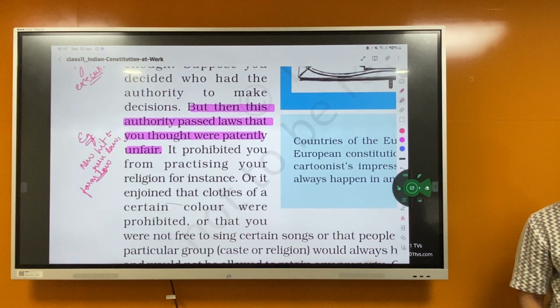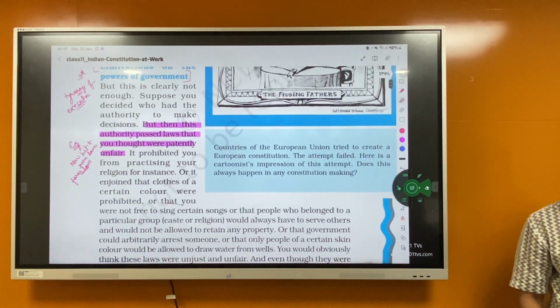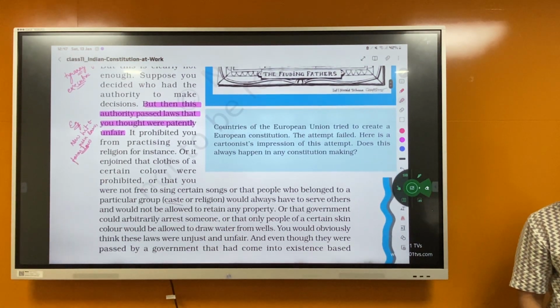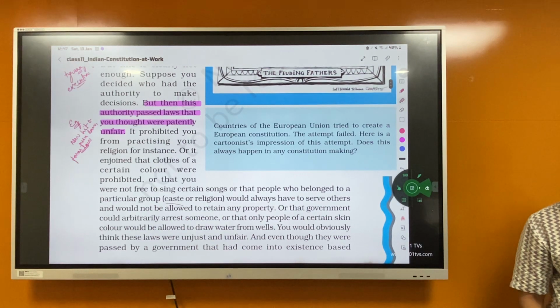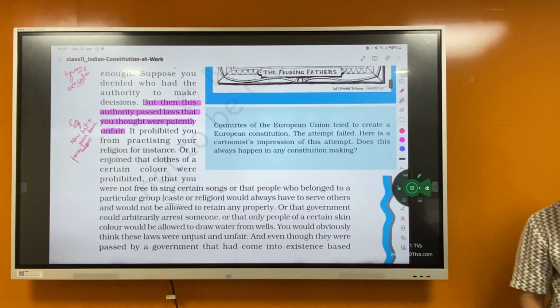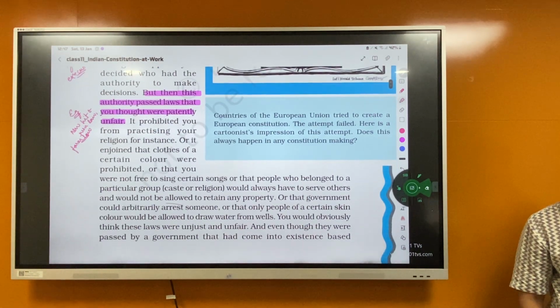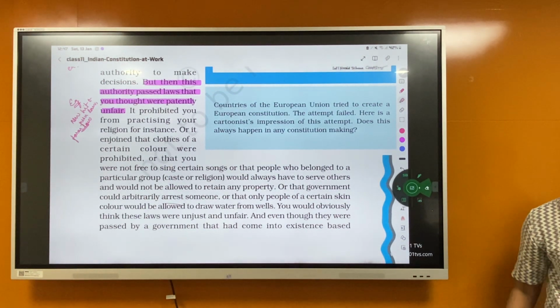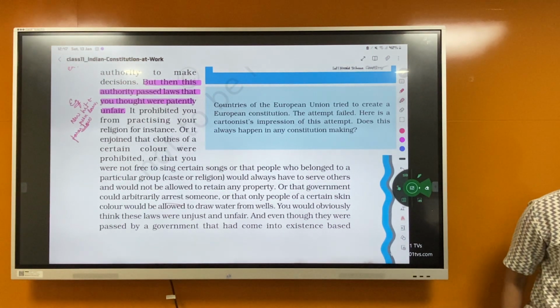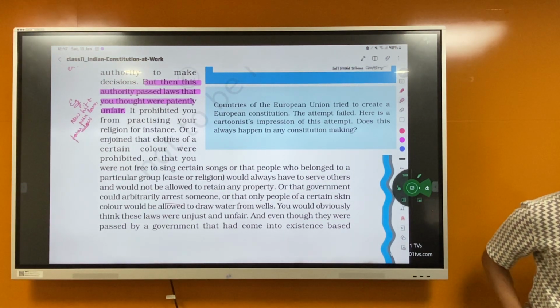It prohibited you from practicing your religion, for instance, or it enjoined that clothes of a certain color were prohibited, or that you were not free to sing certain songs, or that people who belong to a particular group, caste, or religion would always have to serve others and would not be allowed to retain any property, or that government could arbitrarily arrest someone, or that only people of certain skin color would be allowed to draw water from wells. You would obviously think these laws were unjust and unfair.